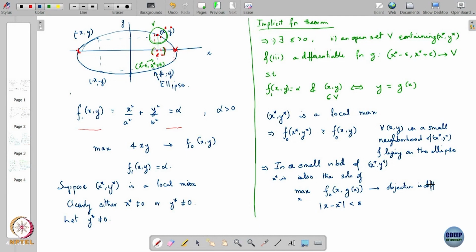So, this is what I wanted to tell you. You take a problem where you are optimizing a function over a surface. The implicit function theorem, if it kicks in, lets you convert that to an optimization over an open set over only some of the variables. This was an optimization over x and y to begin with. We now have an optimization over only x.